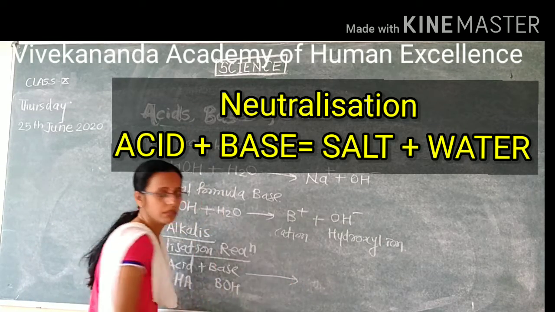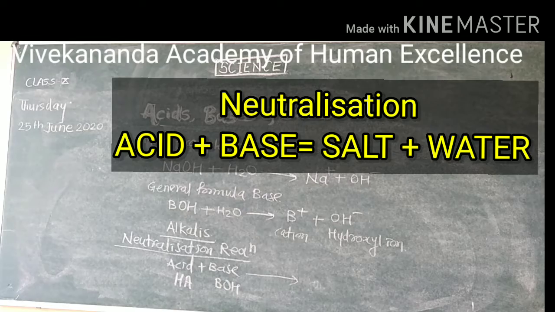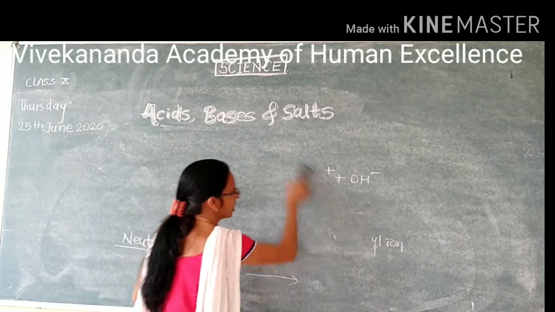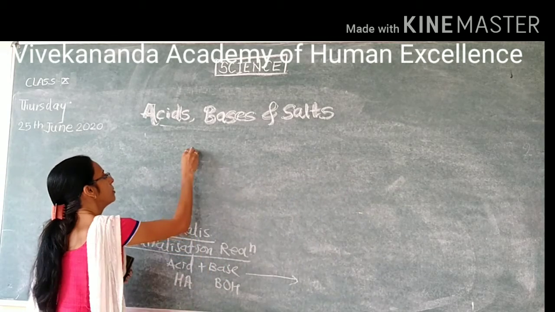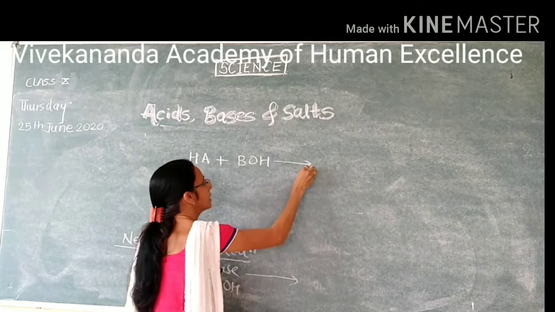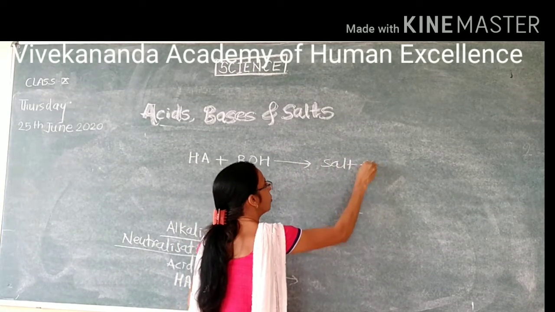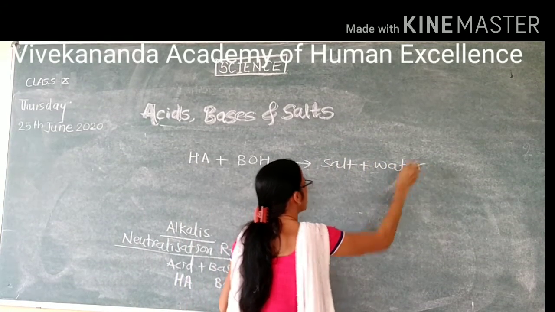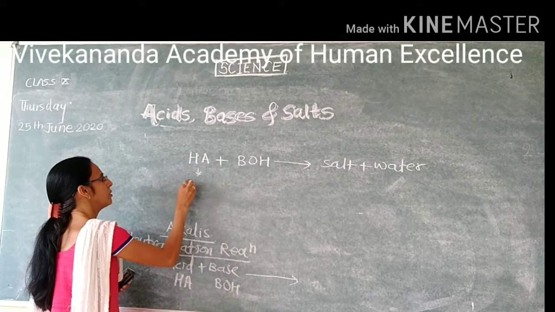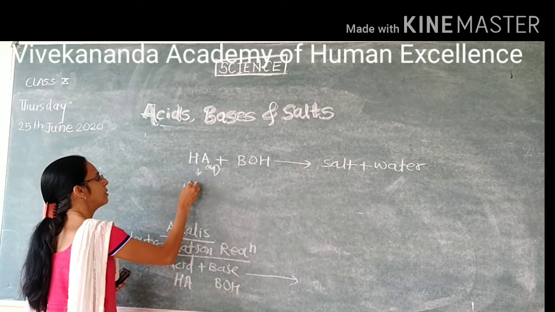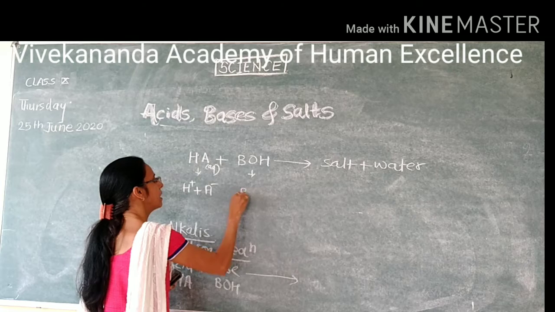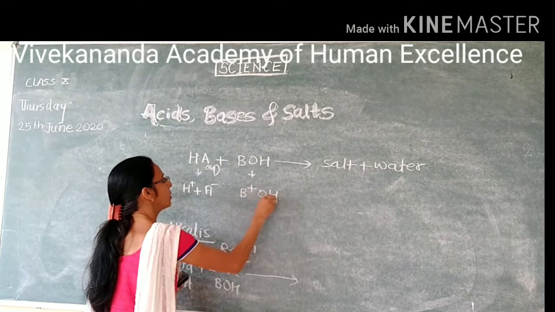By their ionization reaction, in general form, acid HA plus base BOH gives salt and water. Here I have written the general neutralization reaction. HA after ionization in aqueous solution gives H plus ions plus A minus. BOH gives B plus and OH minus.